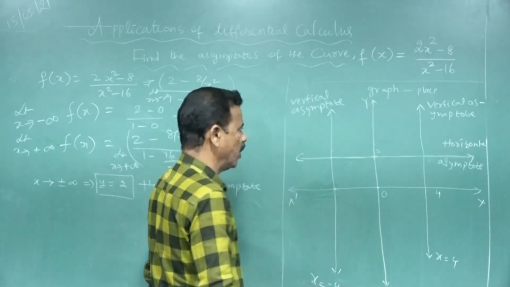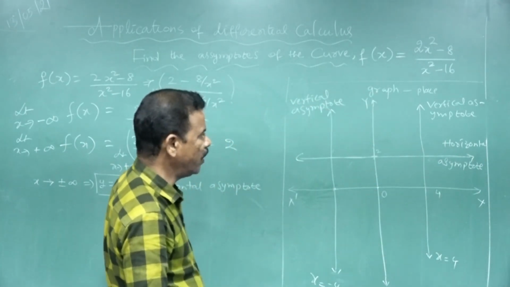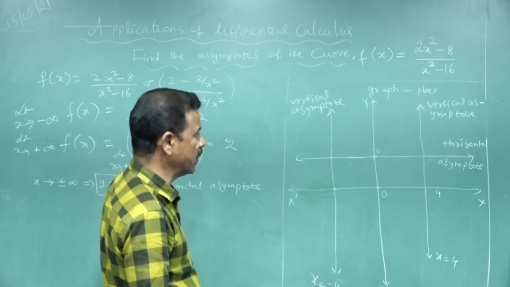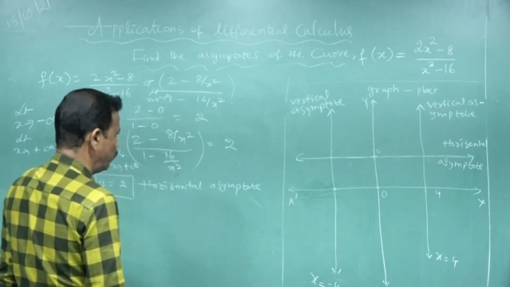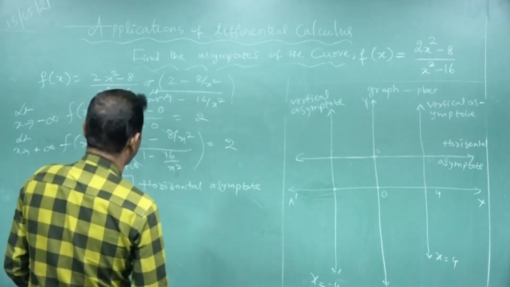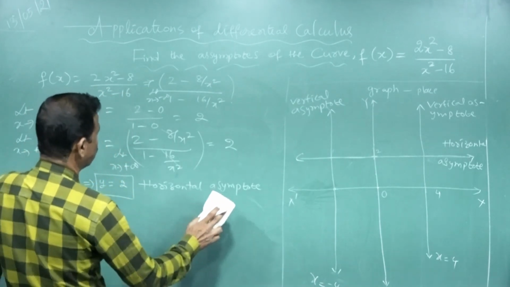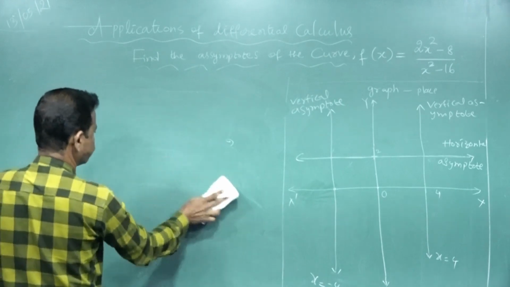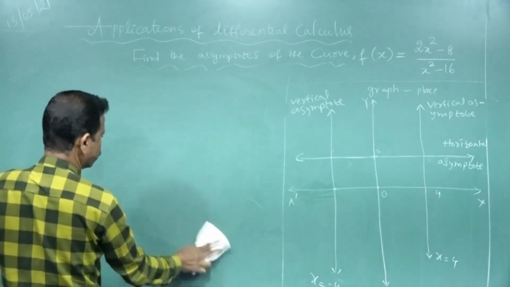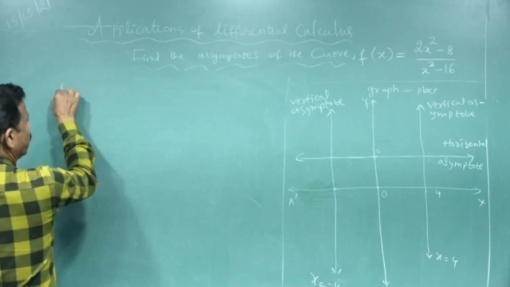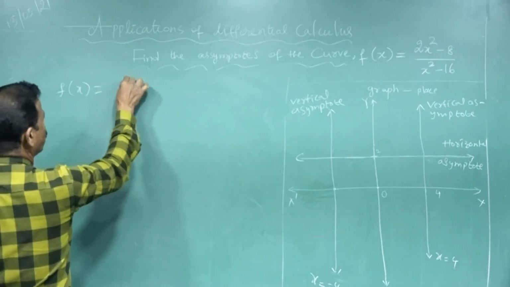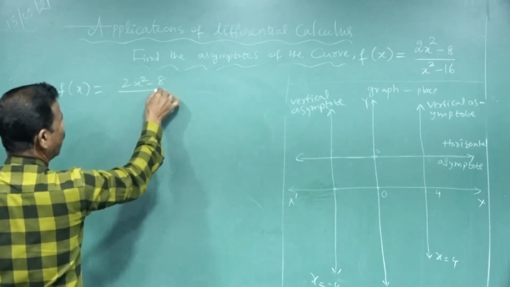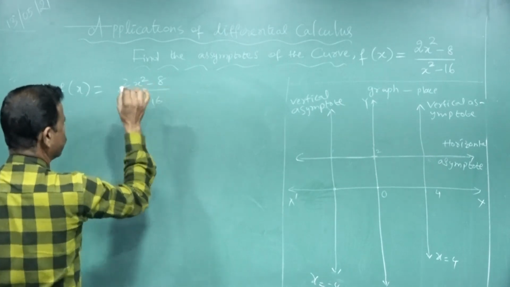Okay. After that, we discuss the curve. How is the curve? Next, f of x is equal to 2x square minus 8 by x square minus 16.